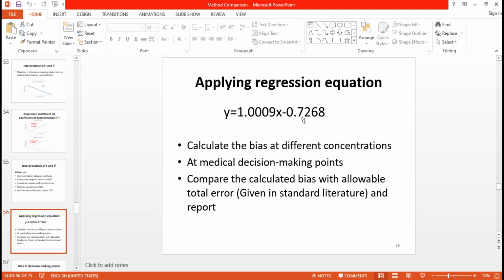The regression equation is used to calculate the bias at different concentrations, particularly the bias at medical decision-making points. And then you compare your calculated bias with the allowable bias obtained from standard literature.